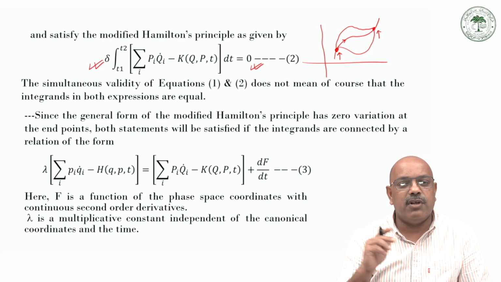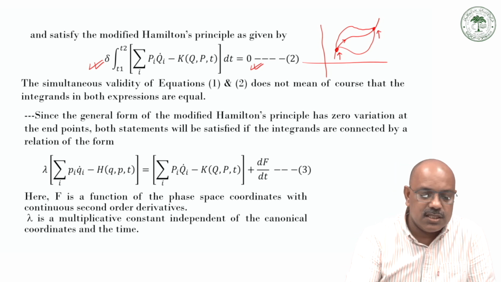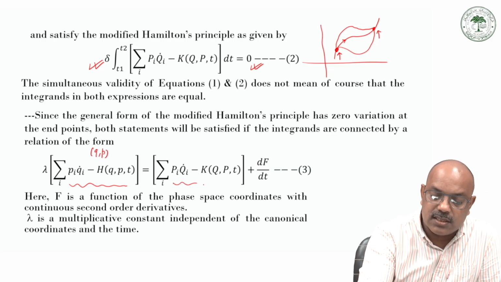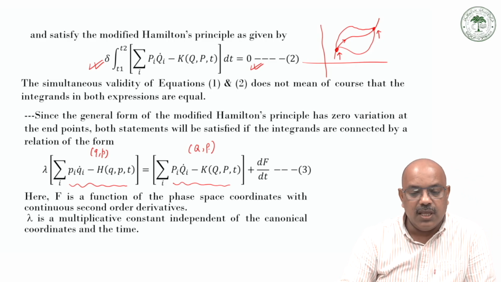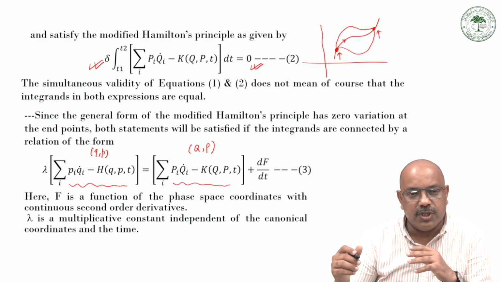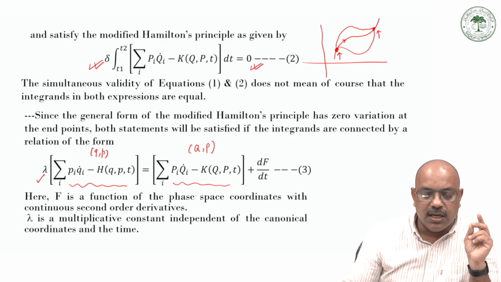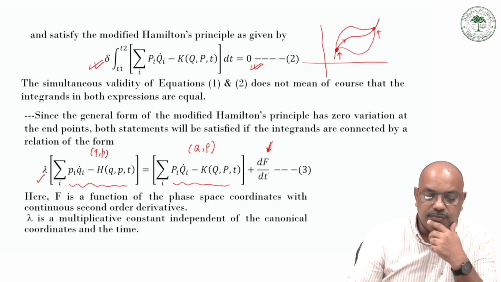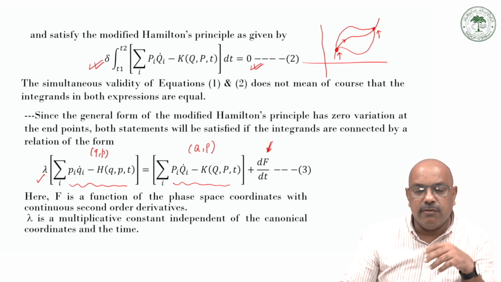Okay, so both statements will be satisfied if the integrands are connected by a relation of this form, where this is the modified Hamiltonian in the old coordinates q, p, and this is in the new coordinates, capital Q and capital P. If they satisfy this equal to zero, then we can perform a transformation such that we multiply by some multiplicative constant lambda, and to the new Hamiltonian we add the time derivative of a function of the phase space coordinates, which has continuous second order derivatives.